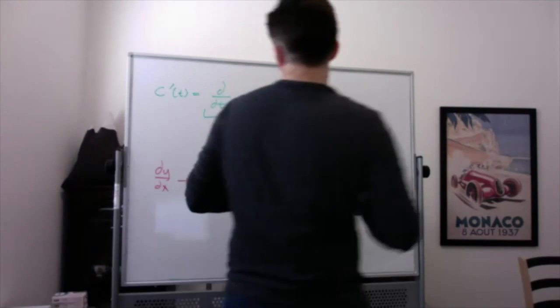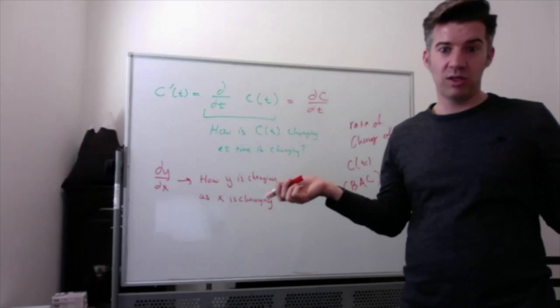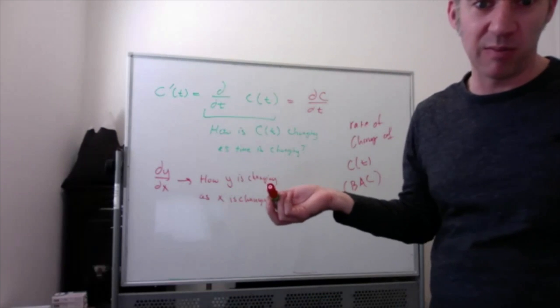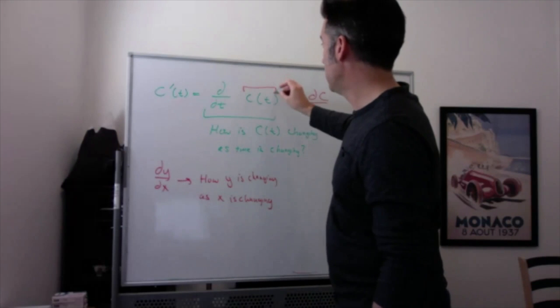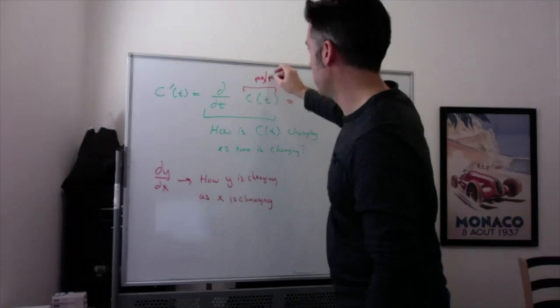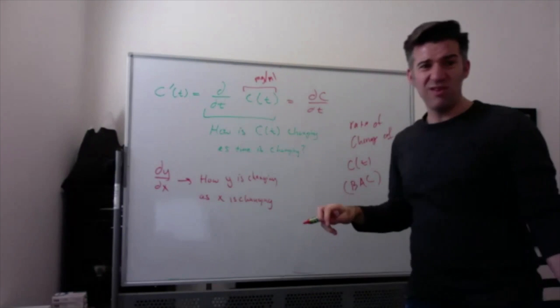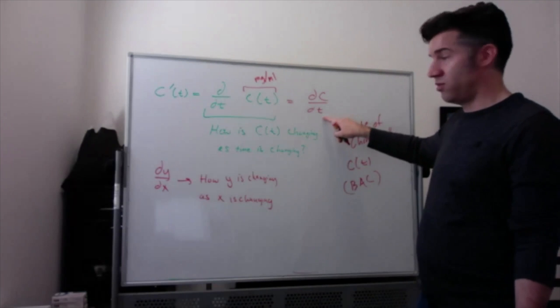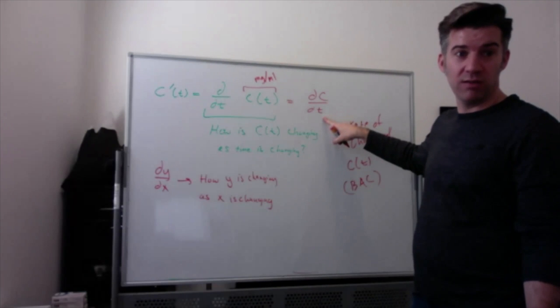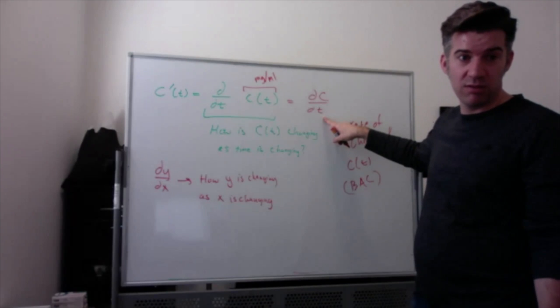Blood alcohol concentration is measured in milligrams per milliliter, so C is in milligrams per milliliter. You can really think of it as division. What is time measured in this particular problem?